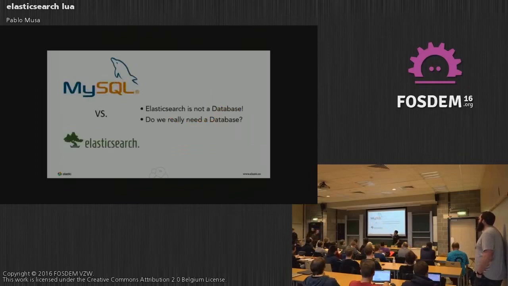Regarding the database part or the data part, I had MySQL, and now I wanted to use Elasticsearch. But Elasticsearch is not a database, okay? You can use it to store data, but you don't have transactions, you don't have the ACID semantics. It was not built as a database.